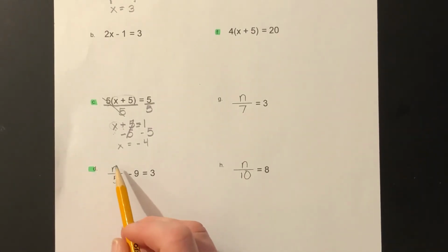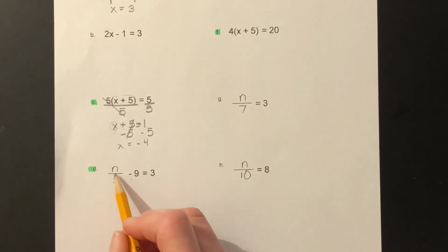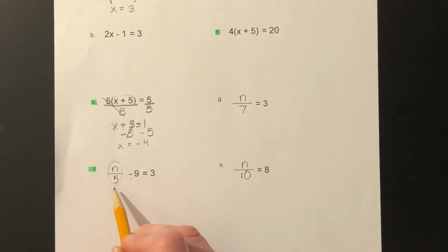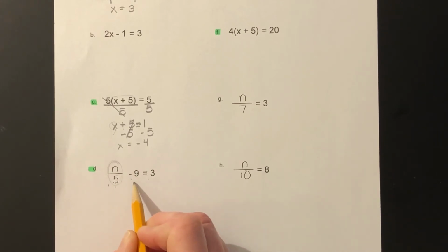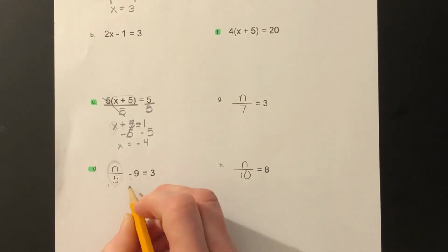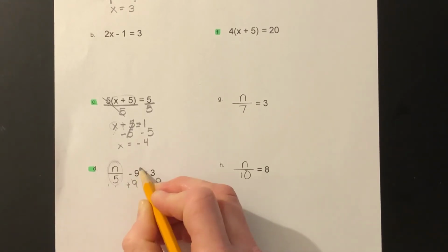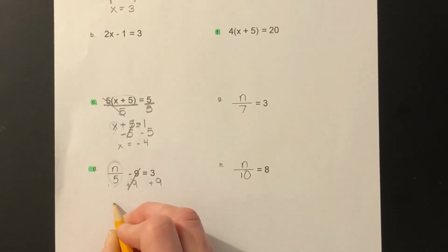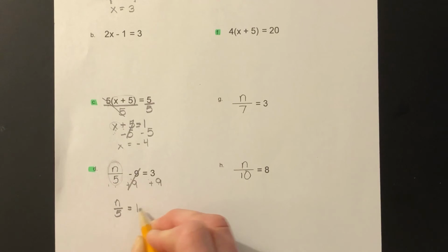Right here we have n divided by 5 minus 9 equals 3. First, we get our variable term by itself. To get this by itself, we need to get rid of the minus 9. So we add 9 to both sides. That cancels out. We're left with n divided by 5 equals 12.